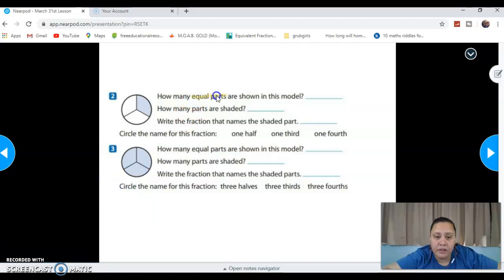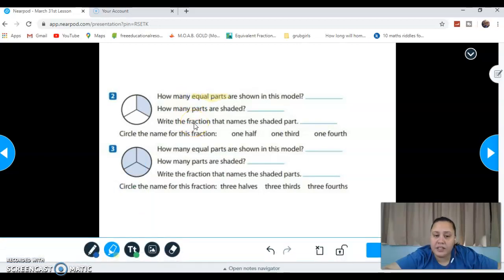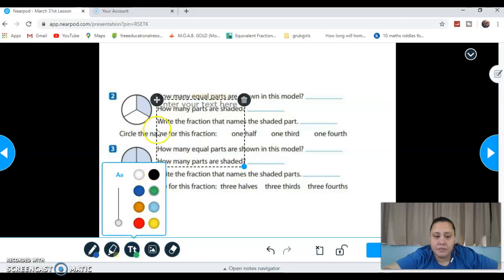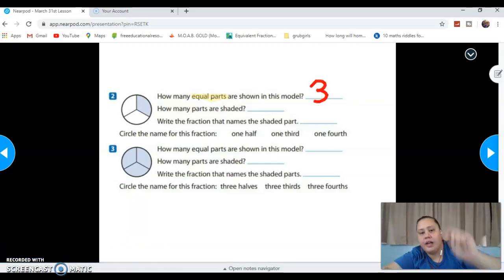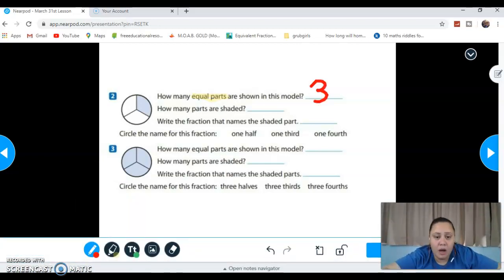Even though these aren't word problems, I mean they are, but our focus is fractions, we still want to make sure we pay attention to the keywords, guys. How many equal parts are shown in this model? I'll give you a second. All right, if you said 3, then the answer is correct. There are 3 equal parts in this model.